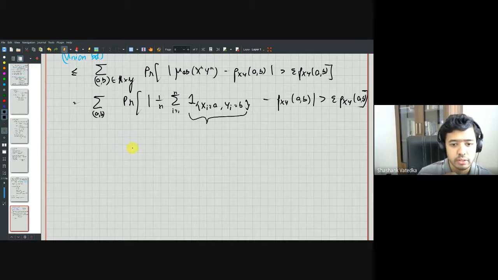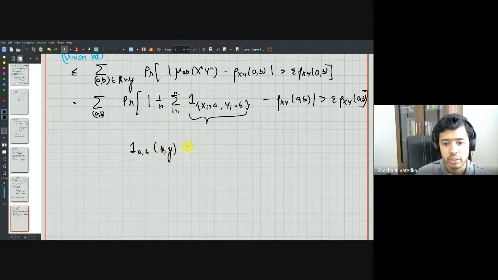I'll define indicator_{a,b}(x, y) as a function which is equal to 1 if x equals a and y equals b, and 0 otherwise.